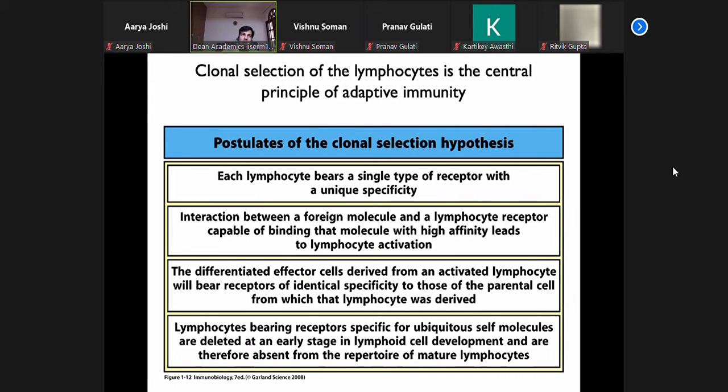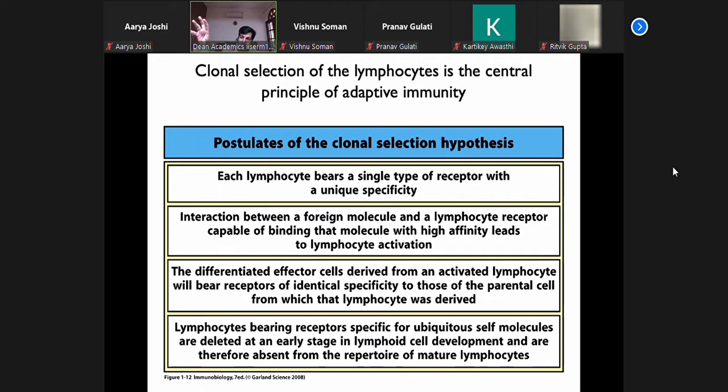When we talk about the surface receptor on lymphocyte, rather antigen receptor, we are talking about the membrane-bound antibody or membrane-associated T-cell receptor. Okay, so the first postulate was that each lymphocyte bears a single type of receptor with a unique antigen specificity.